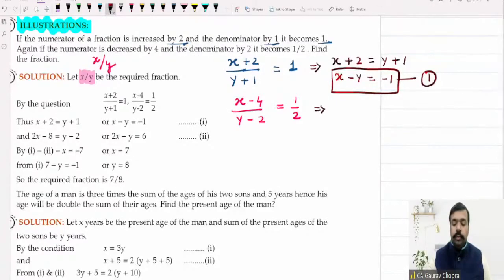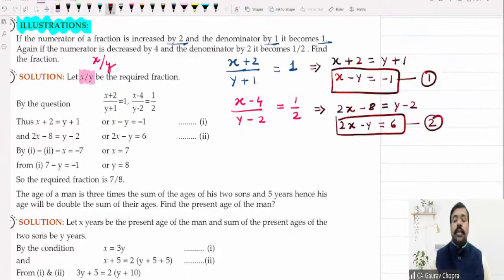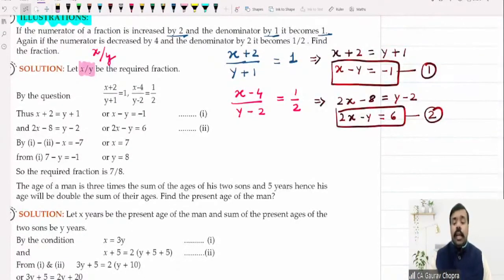And when we do the cross multiplication for second, it becomes 2x minus 8 equal to y minus 2. So 2x minus y equal to 6. So this is the equation number second. Now we can solve these two equations.